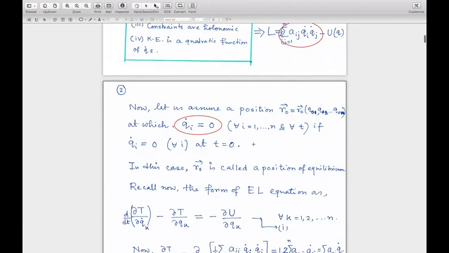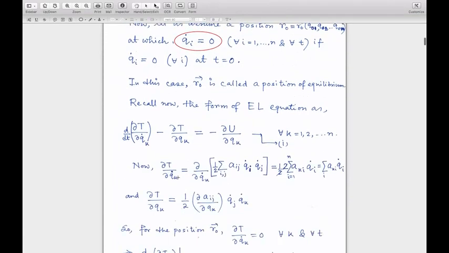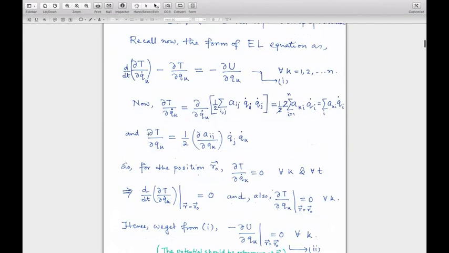We can say that ∂T/∂q̇_k will be ∂/∂q̇_k of half the summation over i and j of a_ij q̇_i q̇_j. Now that will be simply equal to the summation over i of a_ki q̇_i.